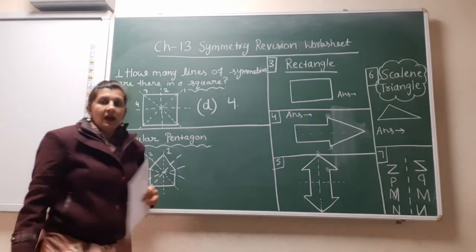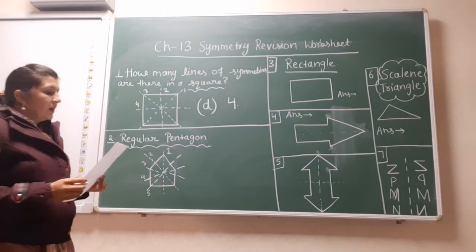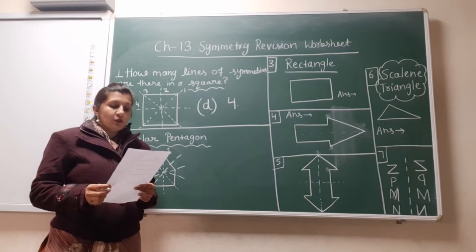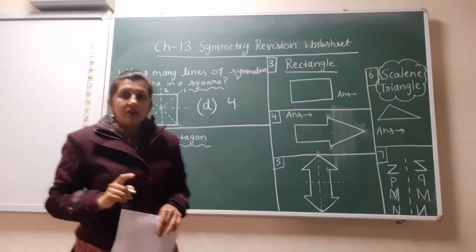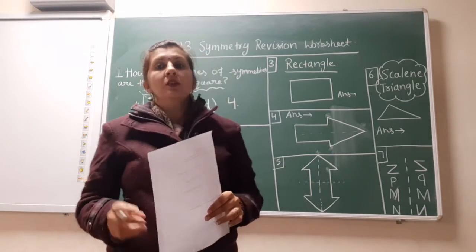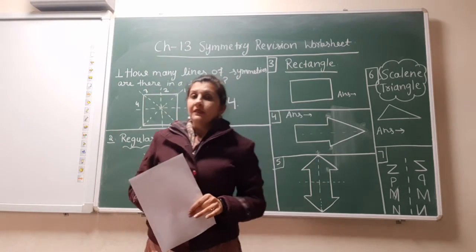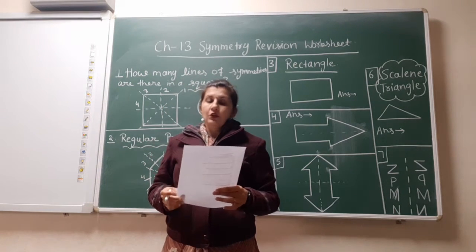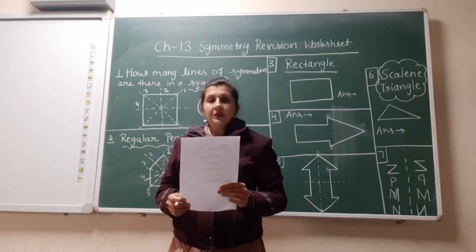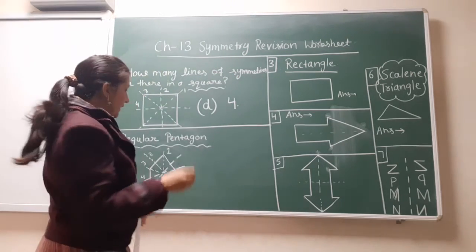This is our answer. Next, they have asked how many lines of symmetry are there in a regular pentagon. There are 5 sides in a regular pentagon, so the number of lines of symmetry is also 5. How is it? Let us see.